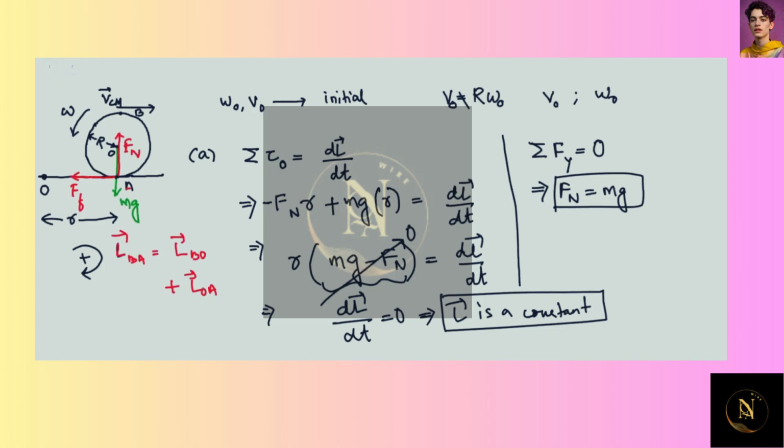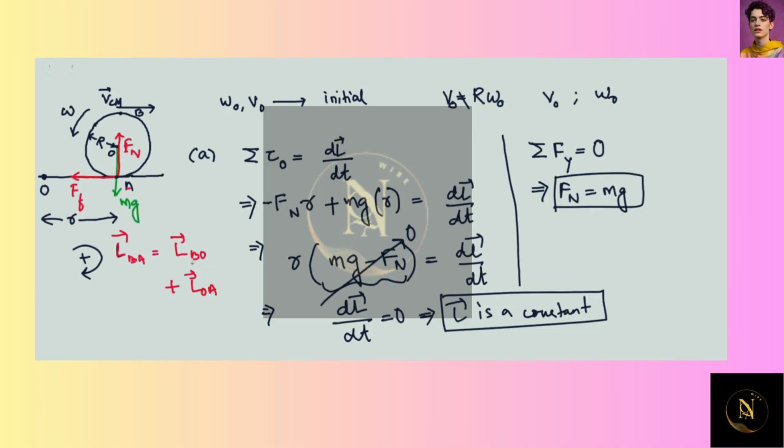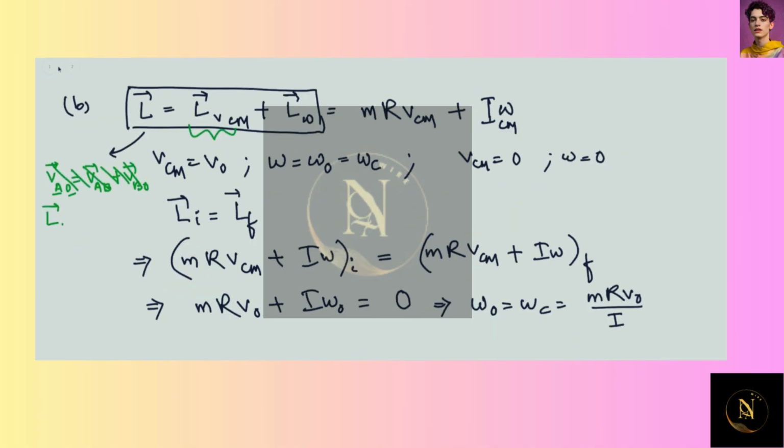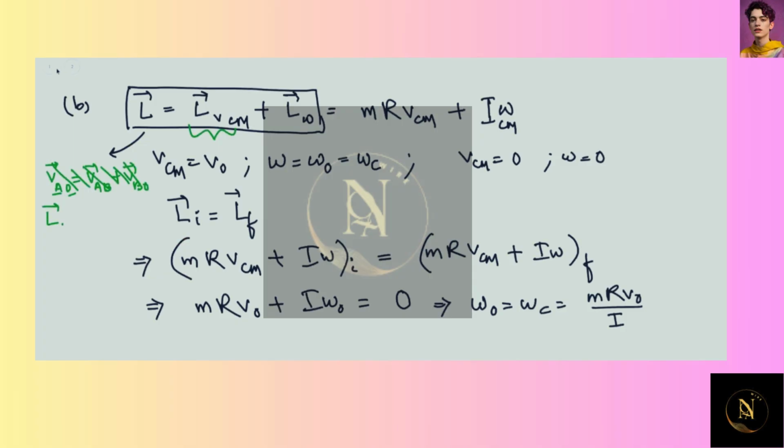And angular momentum of B with respect to O is I times omega, where I is the moment of inertia of the ball. Yeah, so that's how we arrive at this relation.